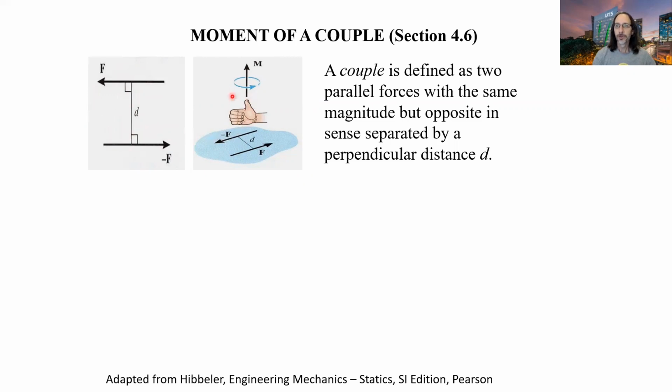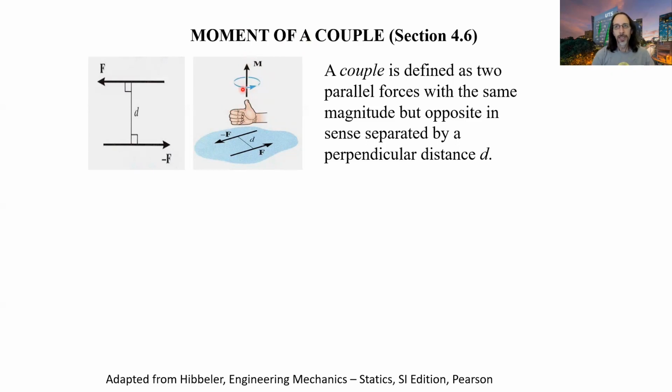And we can look at the right-hand rule here. If we look at something rotating anti-clockwise, with our fingers going around anti-clockwise, the vector moment is along the direction of your thumb.